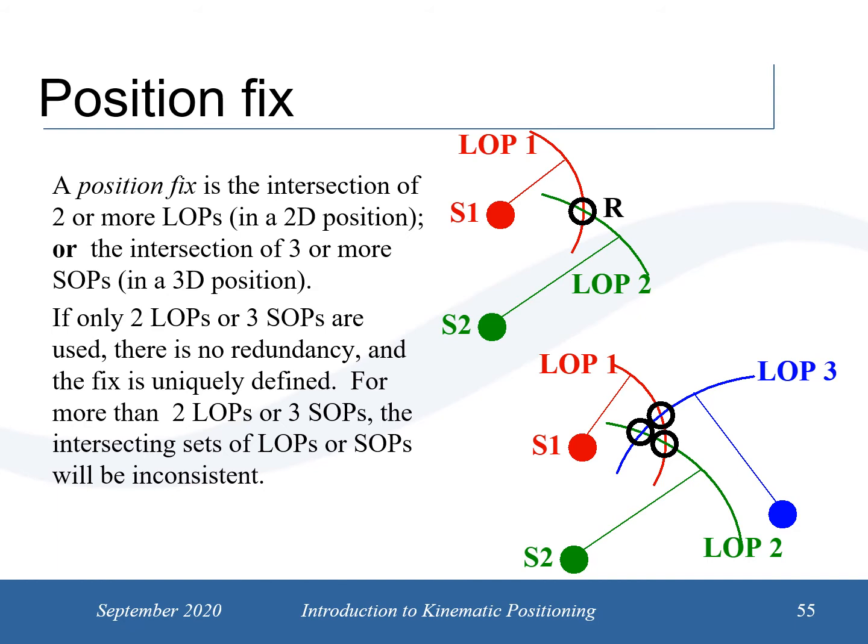So what becomes clear here is that we have potentially 3 fixes. Which one is the correct one? Well, there is an inconsistency in here, but that's actually an advantage in terms of redundancy, in terms of quality control. So we can say that the fix is not uniquely defined.